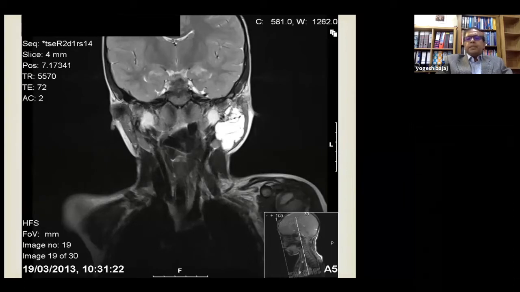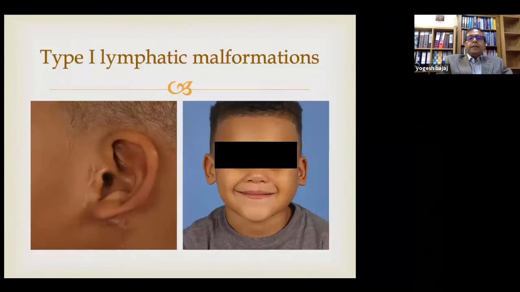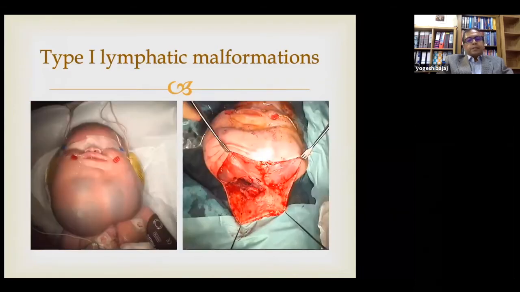I sent him for an MRI scan, and this was a large lymphatic malformation in the deep lobe of the parotid, and again, with a parotid approach, I had to dissect out the facial nerve, and ultimately good end results after the full surgical excision.